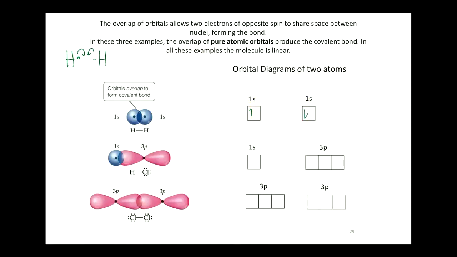Technically, we want it to be spin down, so that when we bring those together into the same space, we don't violate Pauli's exclusion principle. We see that? So bringing together 2 s orbitals, we get this head-on overlap, kind of like a Venn diagram, and this overlap is what creates our covalent bond. That's in diatomic hydrogen.